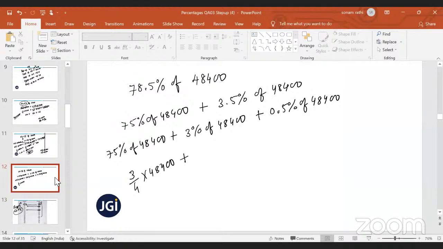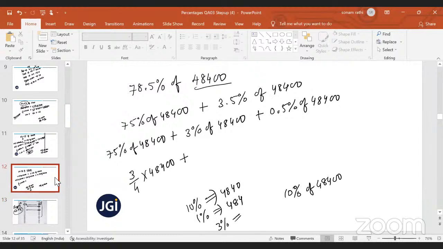48400. What is 10% of this number? 4840. 10% is 4840, 1% will be 484. Correct? And 3% will be how much?